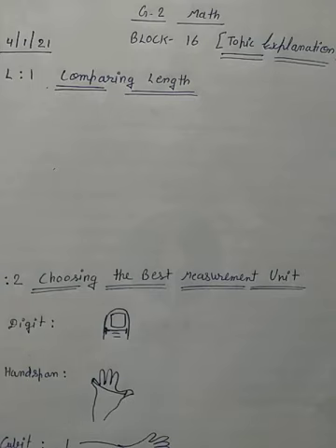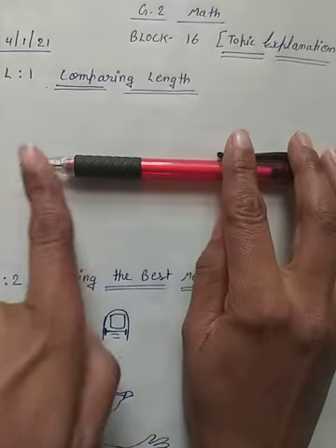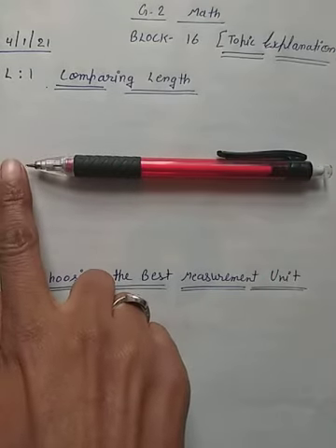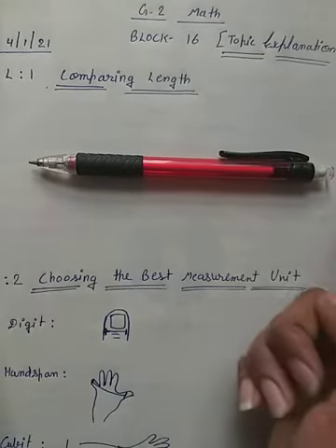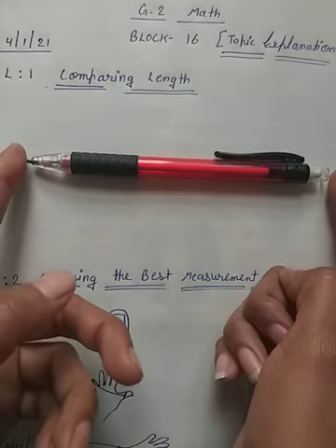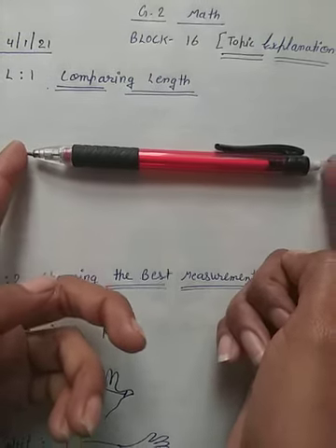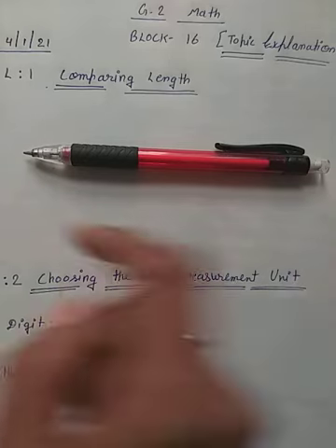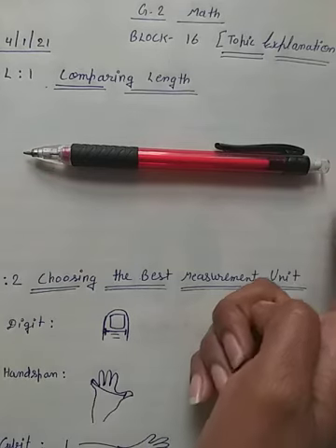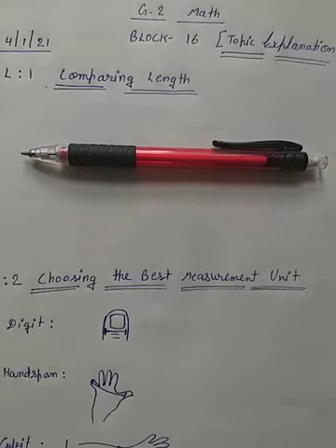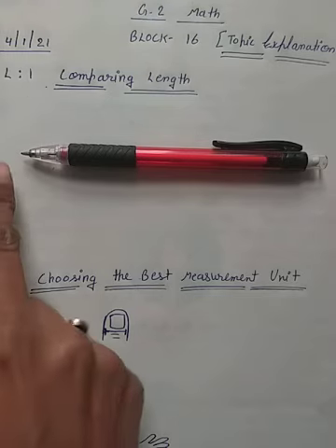Students, first of all, what is the meaning of length? Length means the distance of an object from starting point to end point. That's called length.